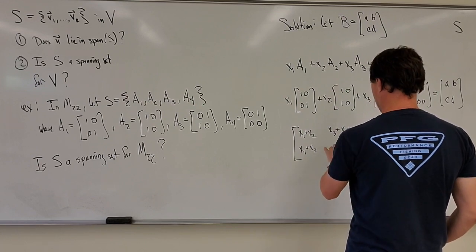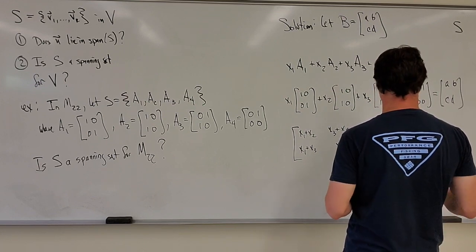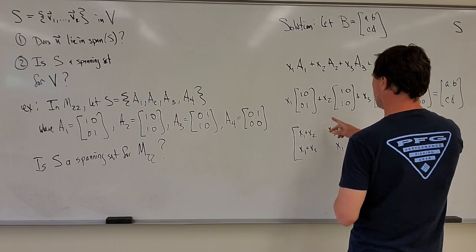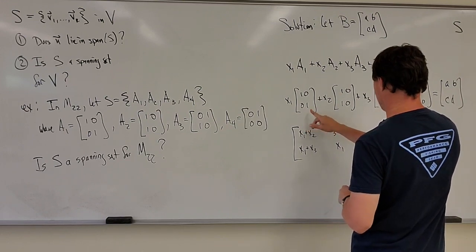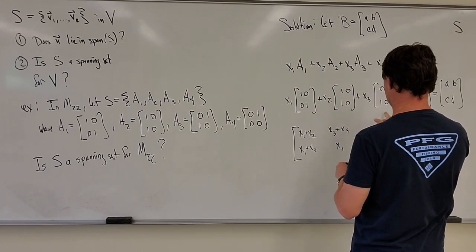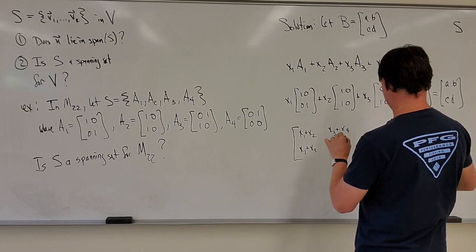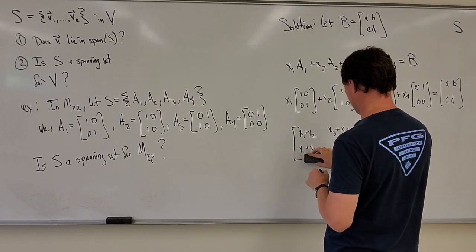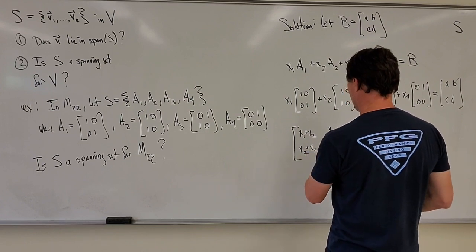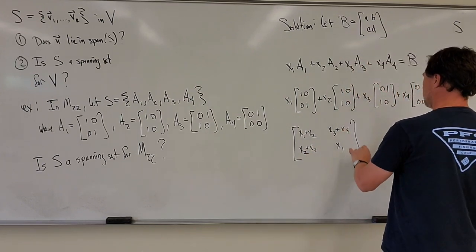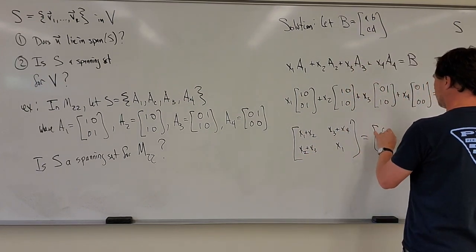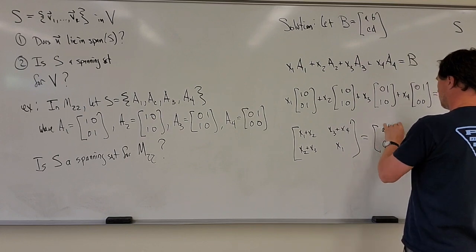And then we'll have an x1. Let's make sure I got all this right here. No, sorry. This lower one right there should be an x2 plus x3. All right, and that needs to equal the matrix A, B, C, D.